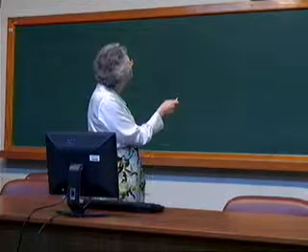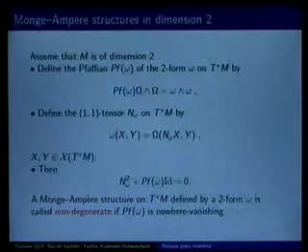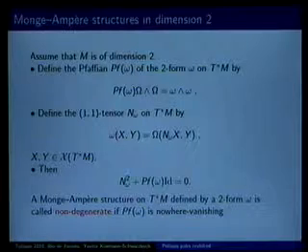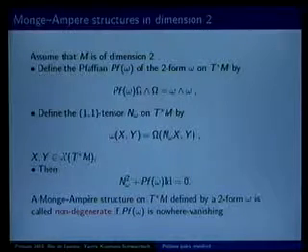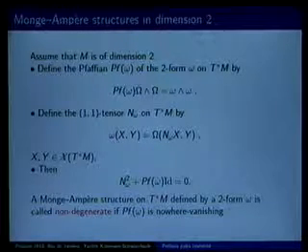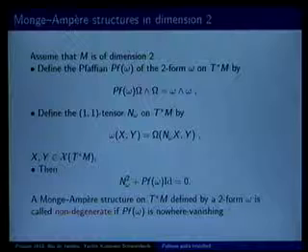Because we are in dimension 2, omega wedge omega is proportional to small omega wedge small omega, and there is a function called the Pfaffian satisfying this equation. Then I can define a 1-1 tensor.